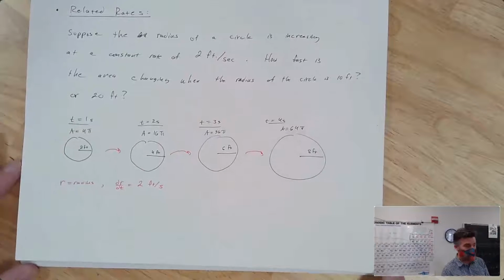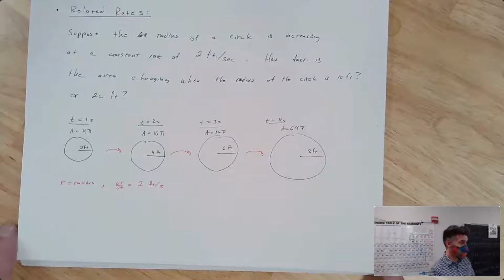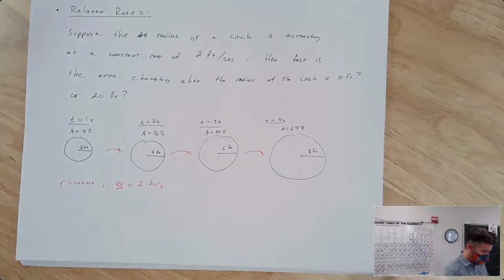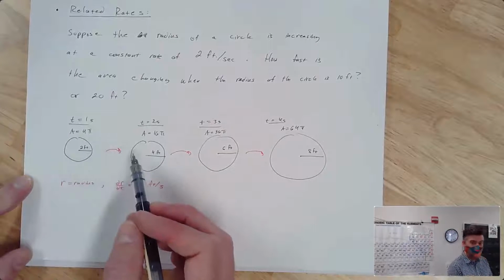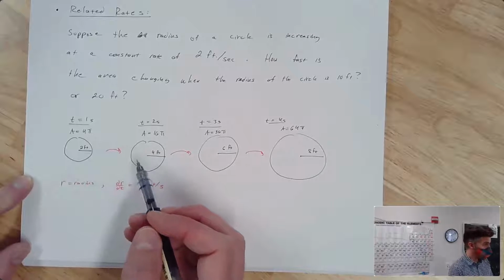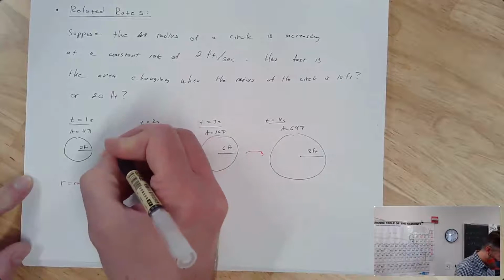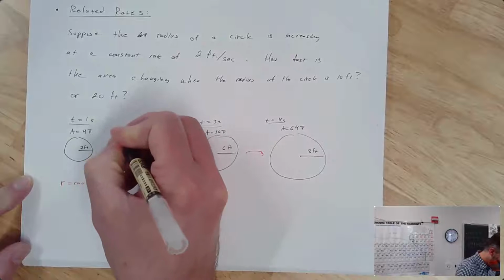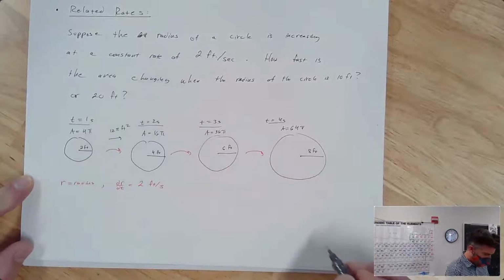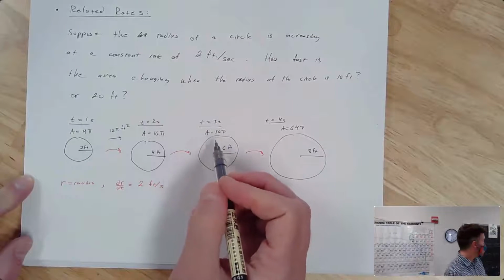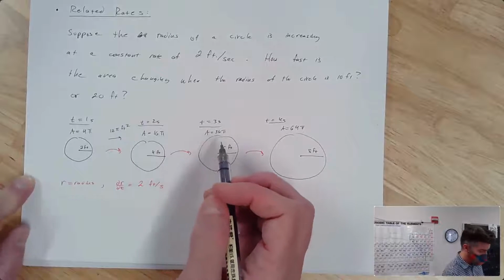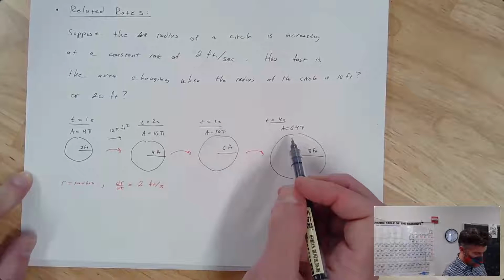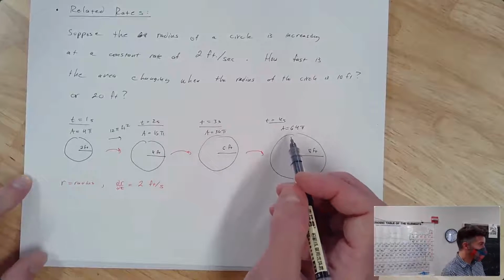So notably, the amount the area is increasing by is different every second. Right? From time equals 1 to time equals 2, the area increases by 12 pi square feet. But from here to here, we're increasing by a different amount. In this 1 second, we're increasing by 20 pi. And in this 1 second, we're increasing by 28 pi.